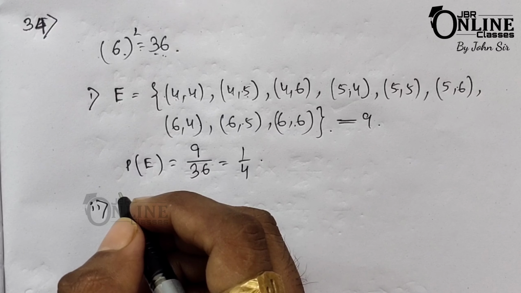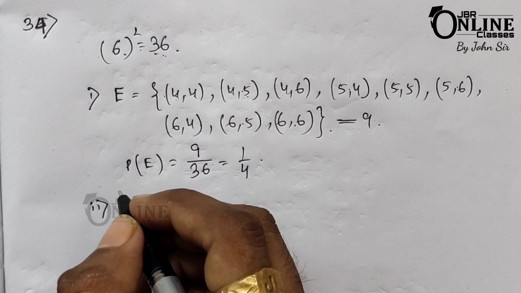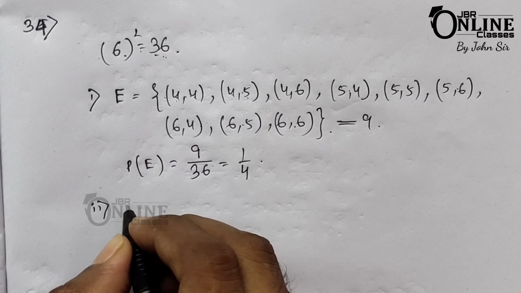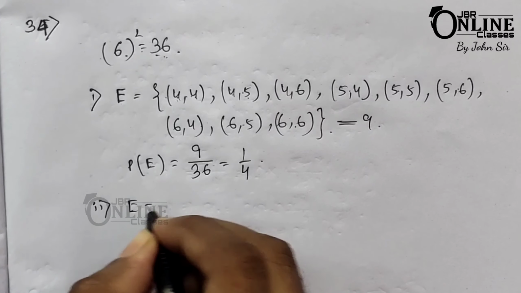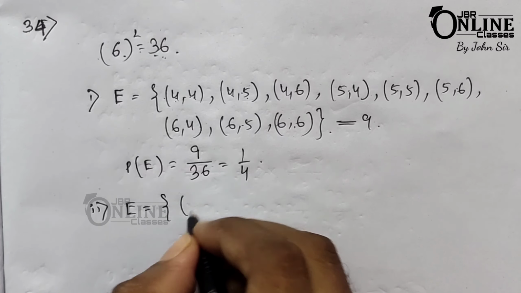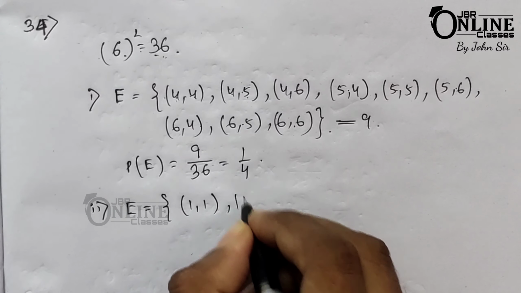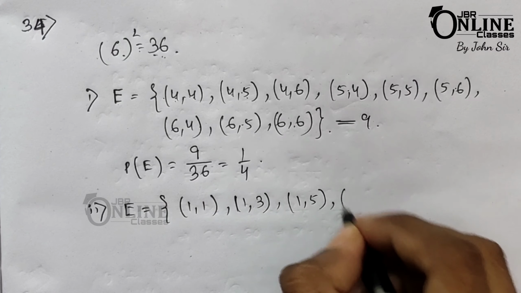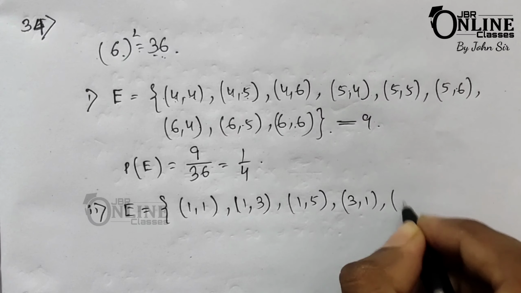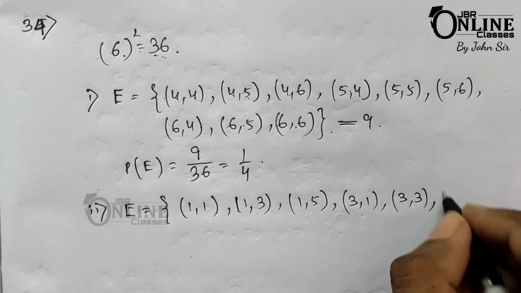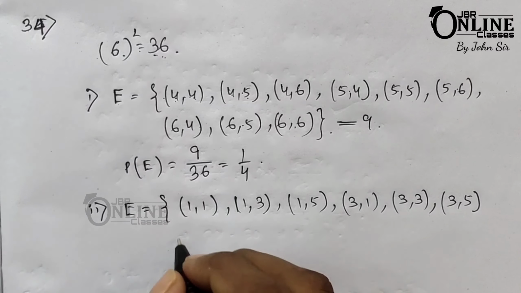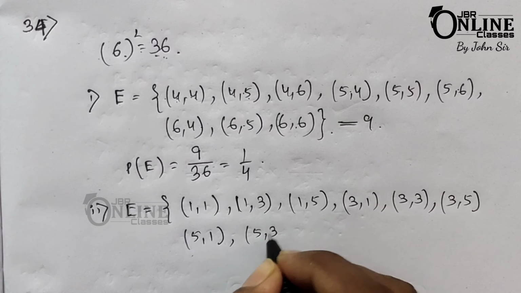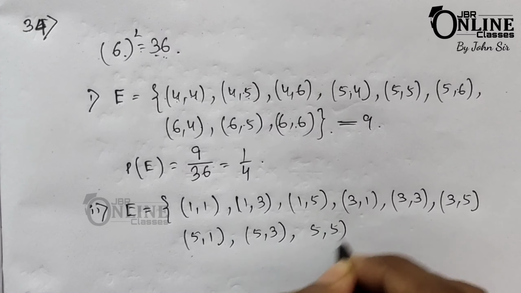In number 2 you have to find the probability of an odd number on both dice. So first you have to find out the sample space. We can also denote it by E. So here the sample space for odd numbers, that means 1 1, then 1 3, then 1 5, then 3 1, then 3 3, then 3 5, after that 5 1, then 5 3, and then 5 5.